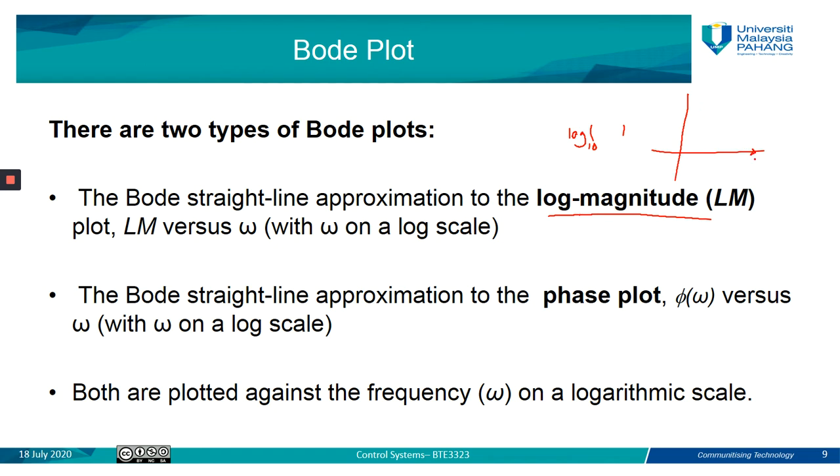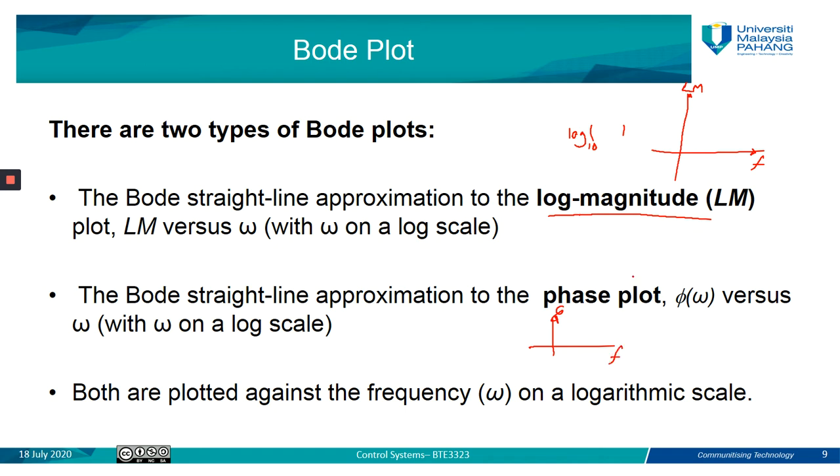For the x-axis, we are going to use the frequencies. So this is the first Bode plot, which represents the relation between the log magnitude (LM) and the frequency, while the second Bode plot represents the relation between the phase angle and frequency. So this represents the angle, and here also the frequency.